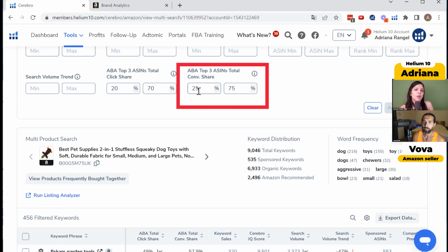And when it comes to conversion rate, you can play with these filters and change the information as you need. Perhaps you want to see only products doing 25% conversion rate and 30 as the top, because I want to make sure that when I launch this product, people are not only going to click on my product, but they are going to buy my product.